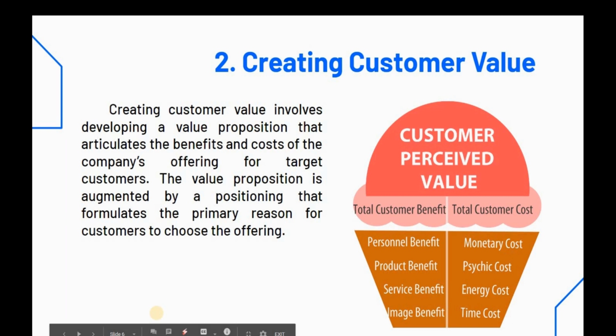Now, when you say value, oftentimes people generalize it as one type of value, wherein value is a very huge, large term. Okay, and you would have to be very specific as to which value you are pertaining to. Now, the first value belongs to the customers and can be divided into two parts, such as total customer benefit and total customer cost.